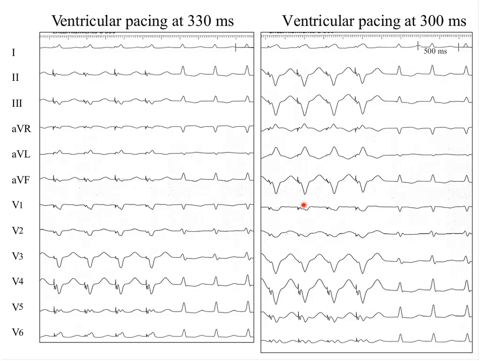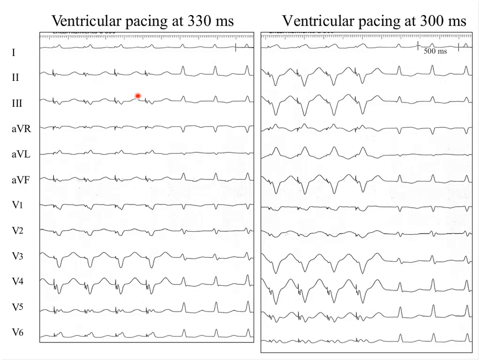And let me stress once more that we are pacing exactly at the same ventricular site. The catheter has not been moved. However, if you look at the morphology of the QRS when you pace at 330 and when you pace at 300, please look at, for example, lead 2, lead 3, the morphology is totally different when you pace at 300 as compared to when you pace at 330.